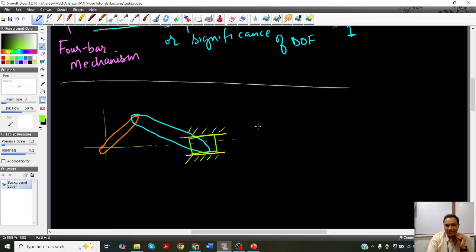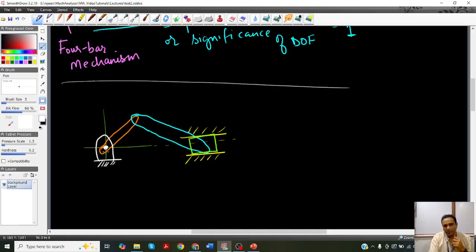Okay, now if I don't have any joints, so let's say this will have 3 degrees of freedom, this will have 3, and this will also have 3, assuming that it can move in all 3 directions. However, when we introduce joints, let's say I introduce a revolute joint in this manner.